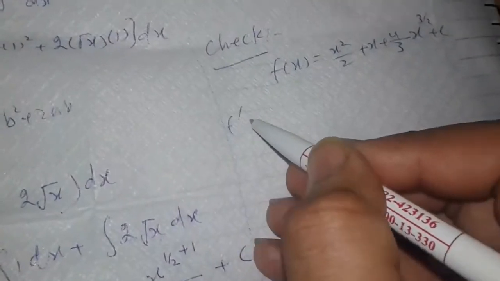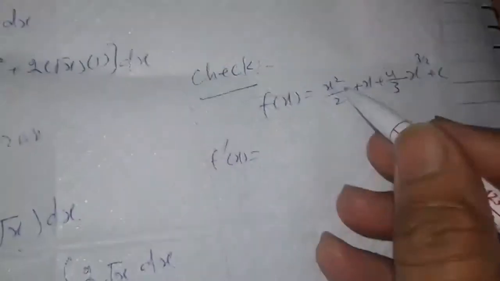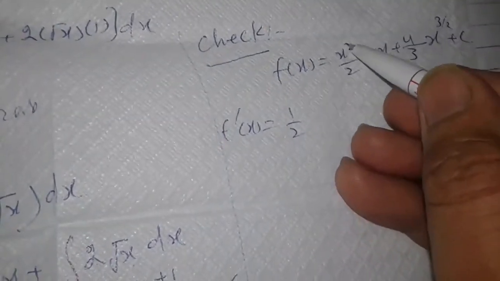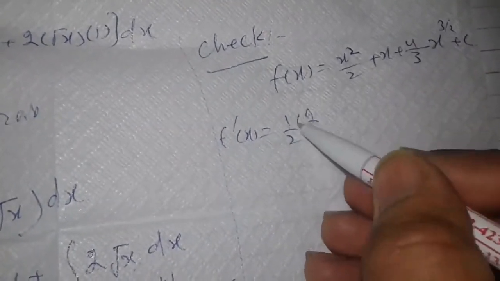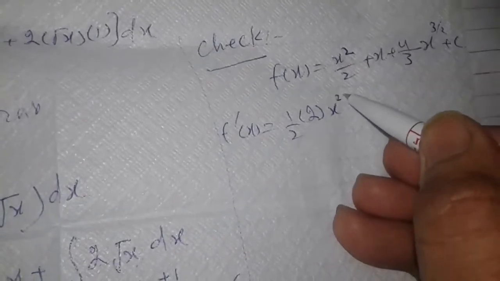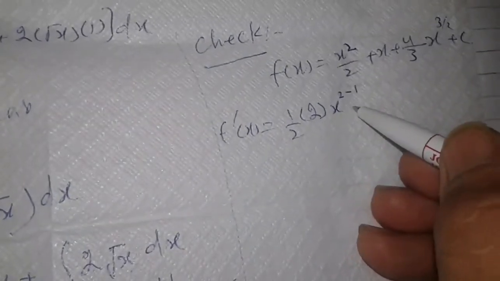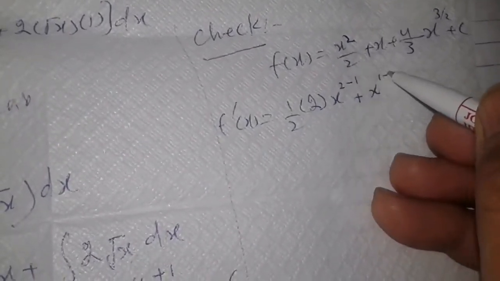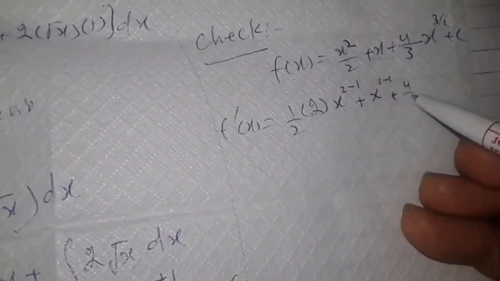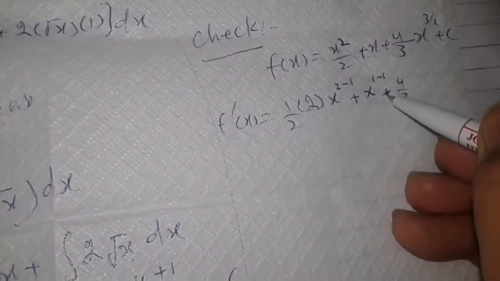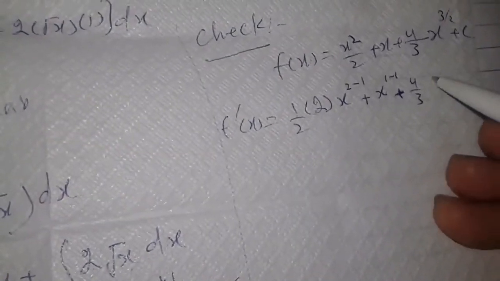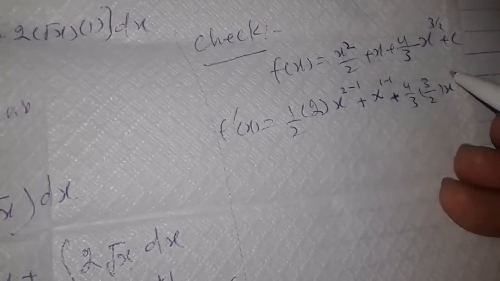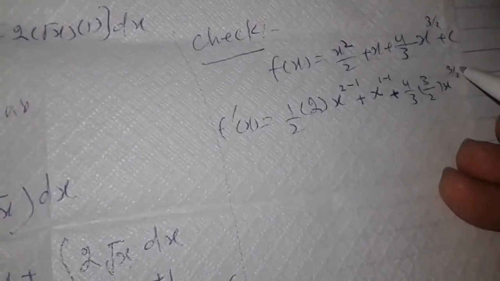By taking the derivative f prime of x, the power must be multiplied and decreased by 1 for each term. 4 by 3 is a constant, so we take it out of the derivative, multiply by the power and take 3 by 2 minus 1.